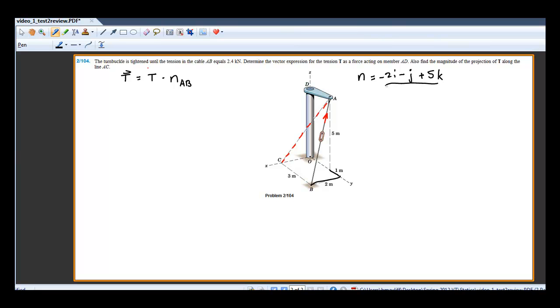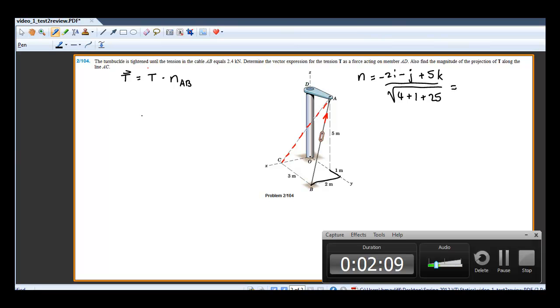You can see that because the tension is going up in this direction, which means it's going in a negative x, a negative y, and a positive k. Then we do that all over the square root of each of them squared, so 4 plus 1 plus 25.